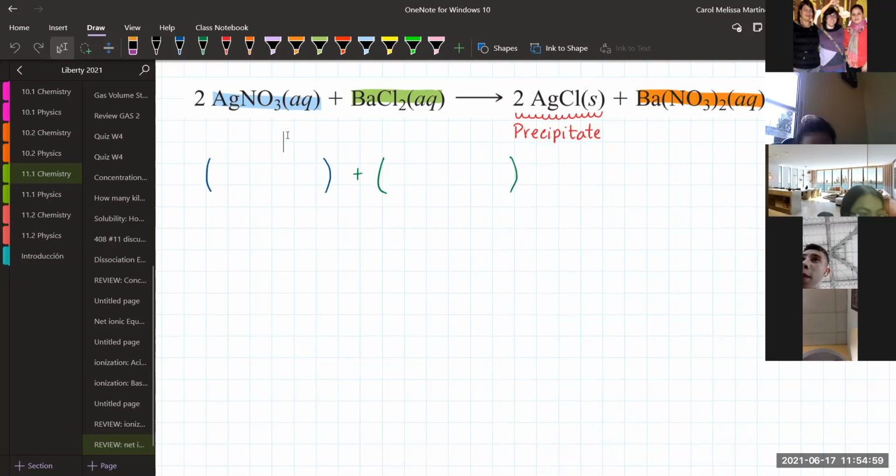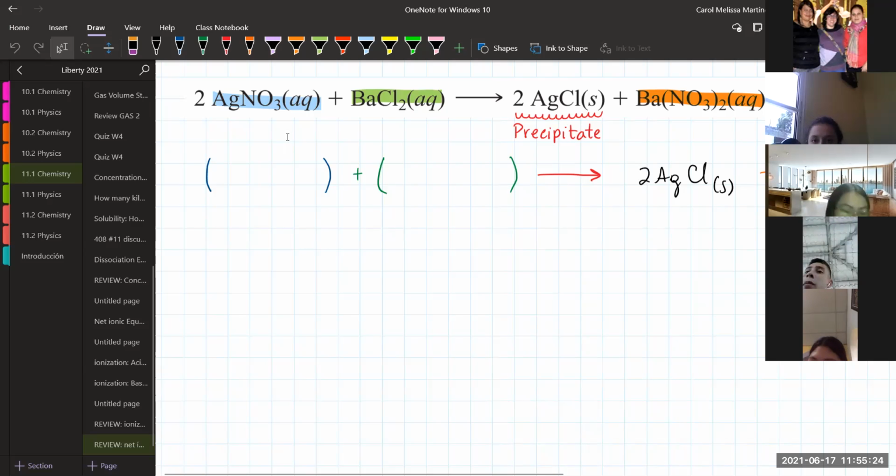In the third step, I won't dissociate silver chloride because it's solid. And in the last step, I will dissociate the barium nitrate. That is going to be the process that I will be doing in this exercise. Okay?